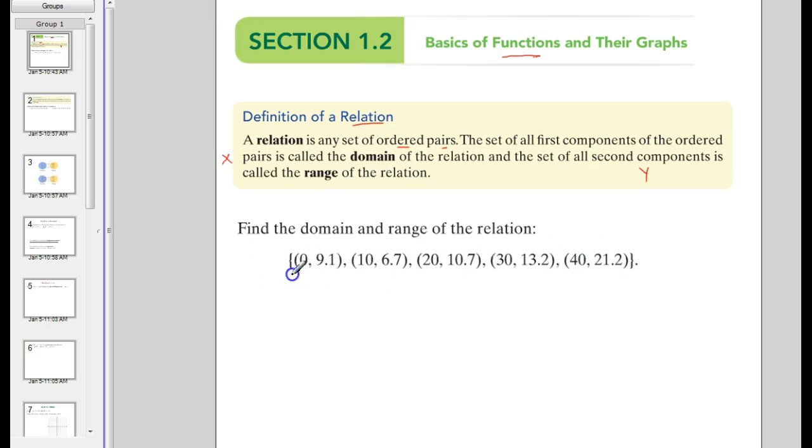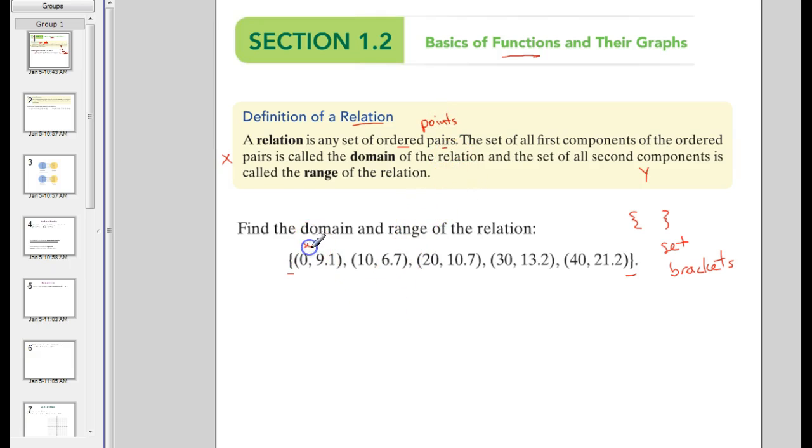This thing right here and here at the ends are called set brackets. And that lets us know we're dealing with a set of objects. And when we see those around a group of ordered pairs with commas between them, think of those as points, if you're familiar with an XY point.